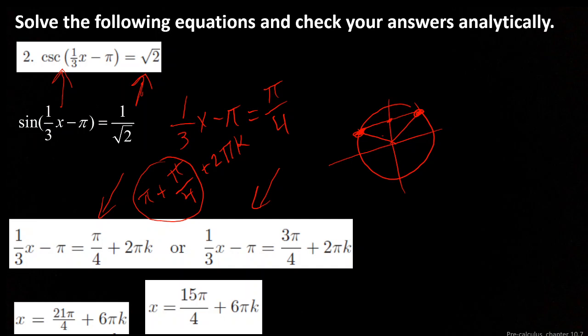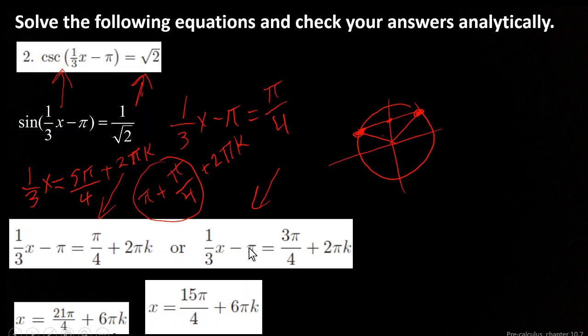And so right here we have 1/3 x is going to be 5 pi over 4 plus 2 pi k. And then you multiply by 3, you get 15 pi over 4 plus 3 times 2k pi is 6 pi k, or 6k pi. That's right here.